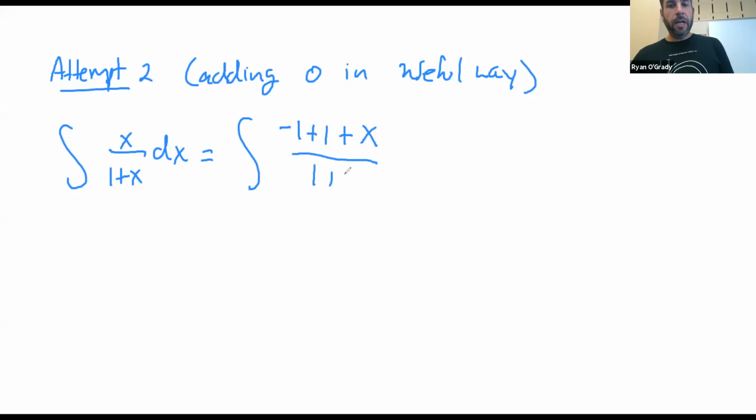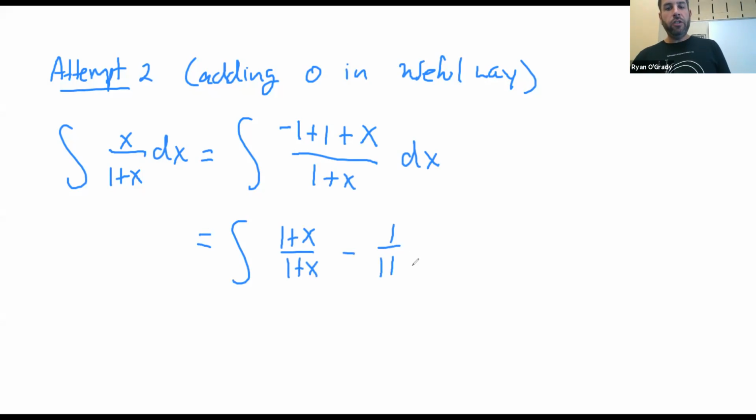Now you're going to say that looks silly, but I didn't change the value of anything, did I? I just wrote 0, but I wrote 0 as -1 plus 1. And now I'm going to do that algebra that I sort of did in the previous problem. It's going to look very similar because I can now write this as 1 plus x over 1 plus x minus 1 over 1 plus x. That's just some algebra.